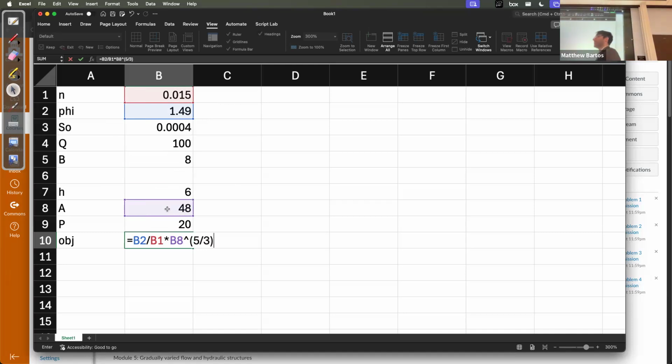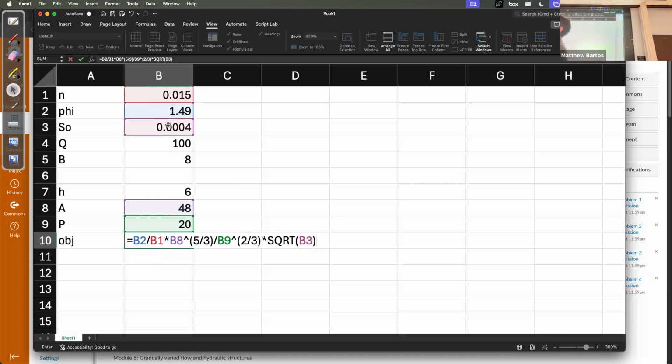Note how I'm putting that 5/3 in brackets here. Don't forget to do that. Otherwise, it's going to evaluate it as B8 to the 5 divided by 3. We are going to divide by the wetted perimeter to the 2/3 power. And we're going to multiply by the square root of the bottom slope.